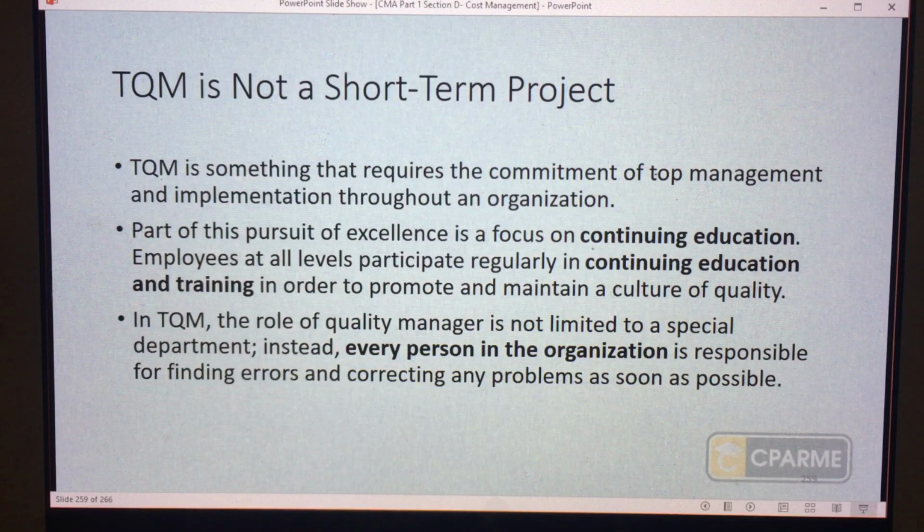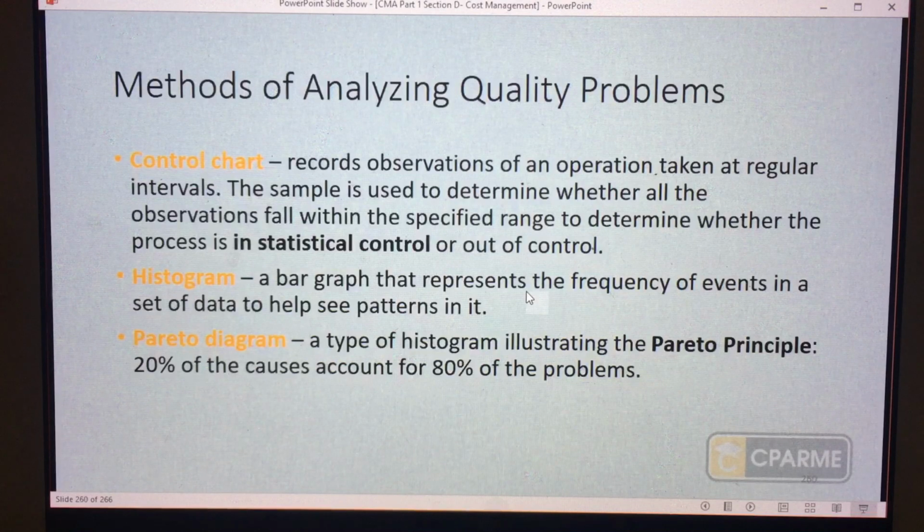So in TQM, the role of a quality manager is not limited to a special department. Everyone in the organization is responsible for finding and correcting any problems as soon as they can. So it establishes a culture of quality and excellence.